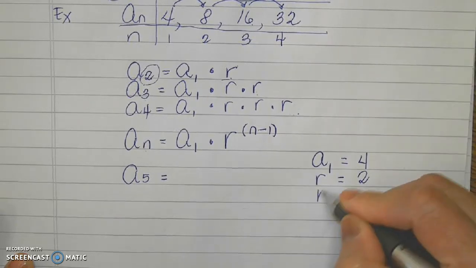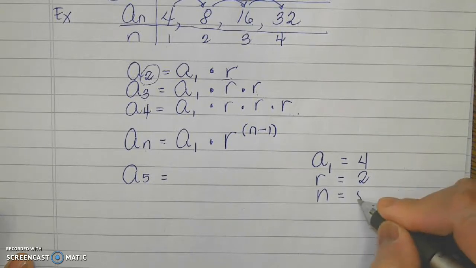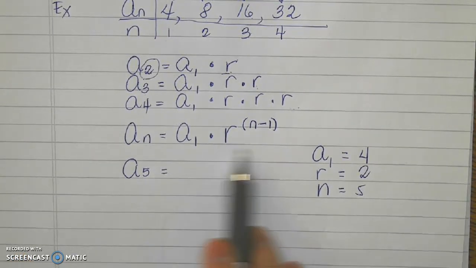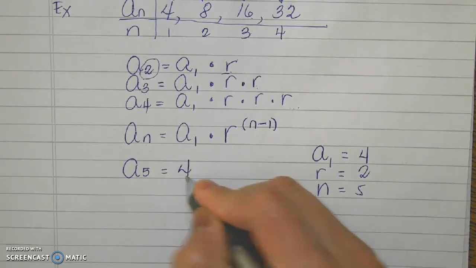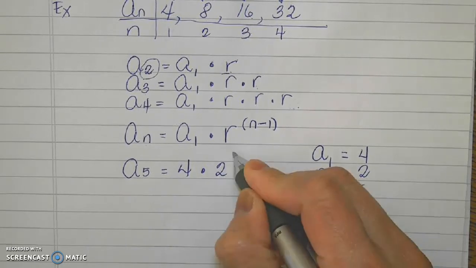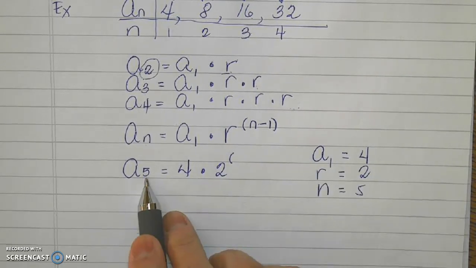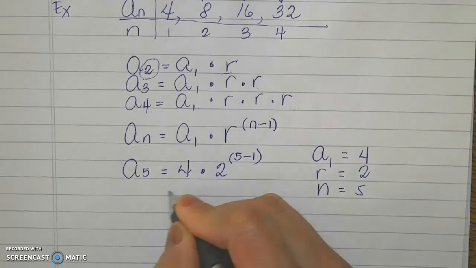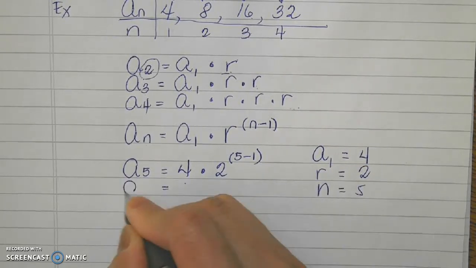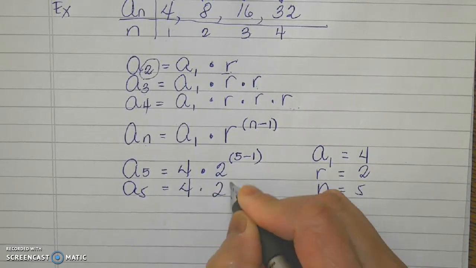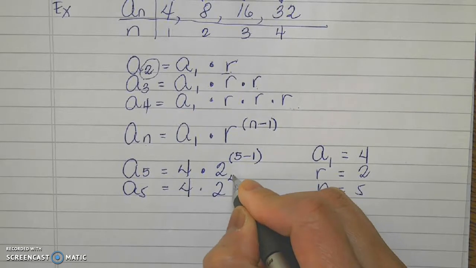And the n that I'm looking for is 5. Using all this information, I'm going to plug in the formula. My a1 is 4 times my r is 2, power of n, which is 5, so 5 minus 1. And then I'm simplifying. So my a5 is going to be 4 times 2 to the power of 4.